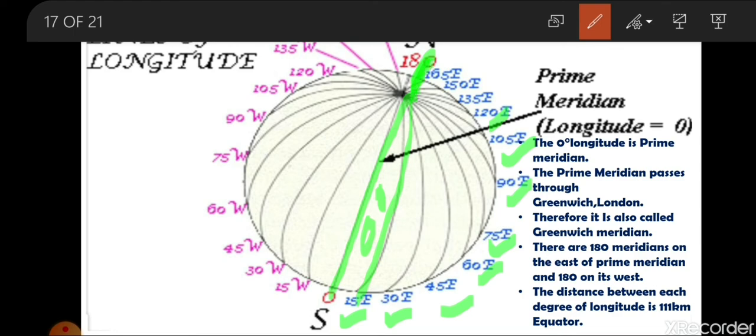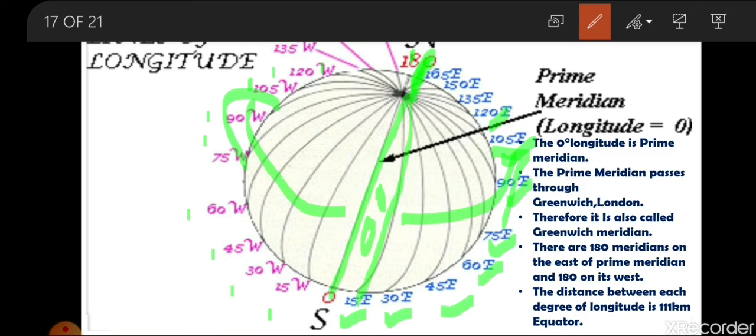From here also 15 degree west, 30 degree west, 45, and it will meet at 180 degree. So from 0 to 180 degree there are 180 lines, and from here 0 to 180 degree also 180 lines.